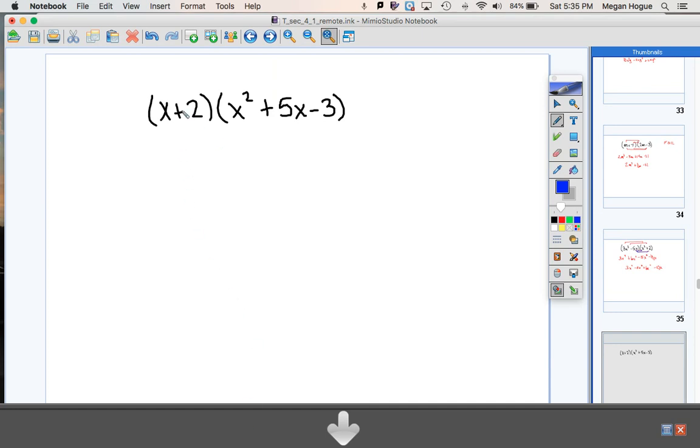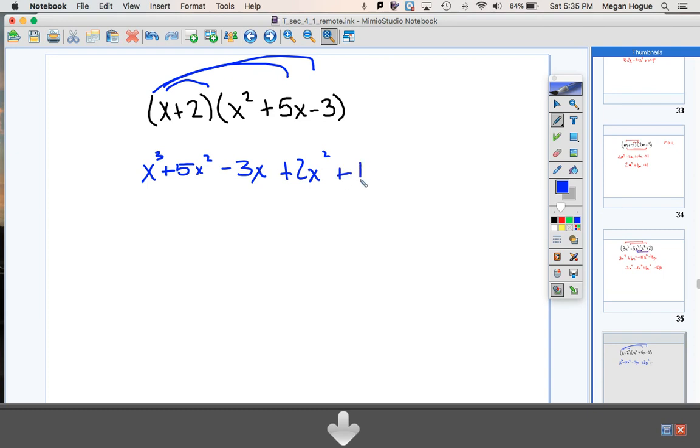So I'm going to start with my binomial and I'm going to distribute to all 3 terms. So I'm going to have x cubed plus 5x squared minus 3x. And then I'm going to distribute here. So I'm going to have 2x squared plus 10x minus 6. I have 6 terms.